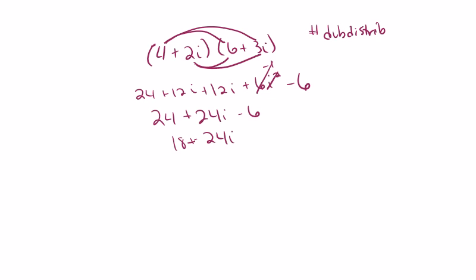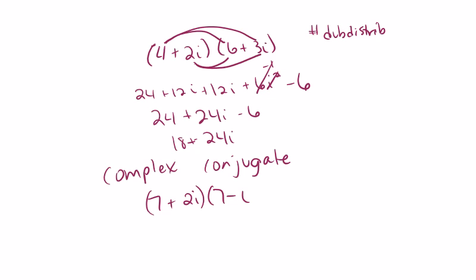Okay, now here's something fun. If one is positive and one is negative, things get really interesting. They're called complex conjugates. So if I have 7 plus 2i times 7 minus 2i. Okay, so these are two complex numbers. They're complex conjugates. One is plus, one is minus. I might have talked about those last week.